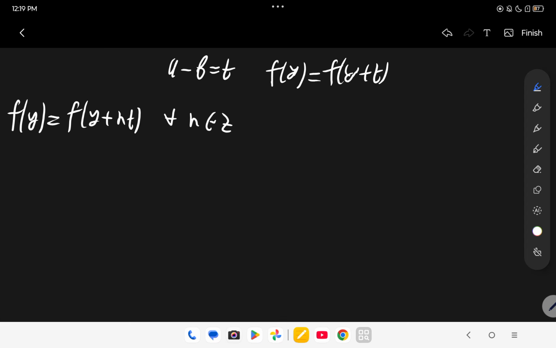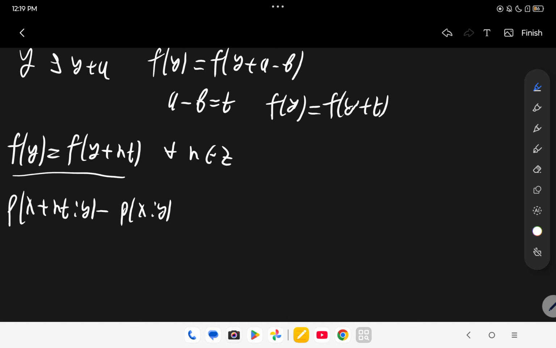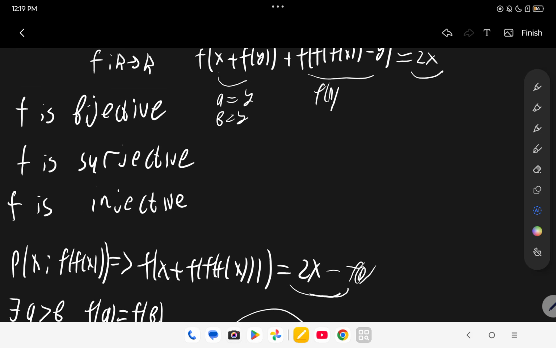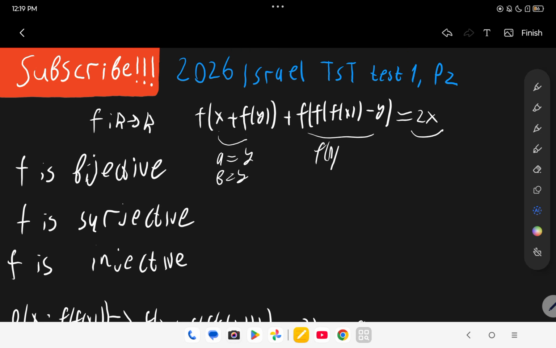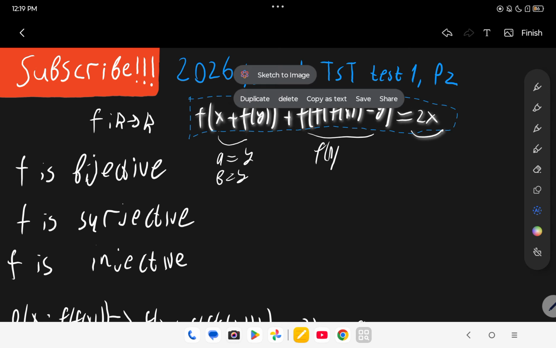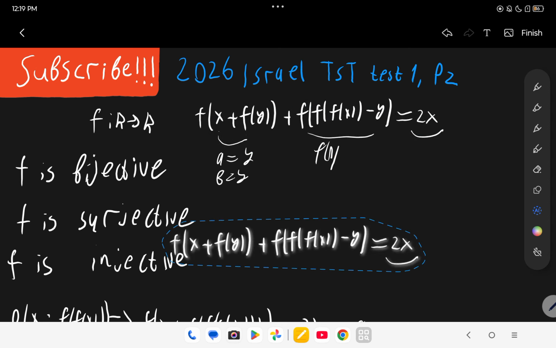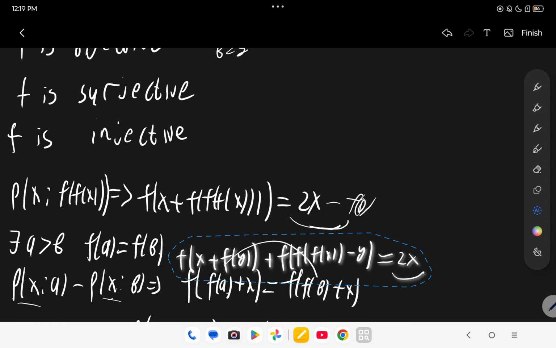Okay, from here we can put x plus nt and y and subtract this. Remember that f(y) equals f(y plus nt). So let's copy this, so it would be easier to plug those in.